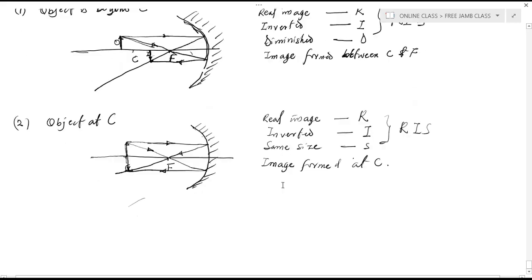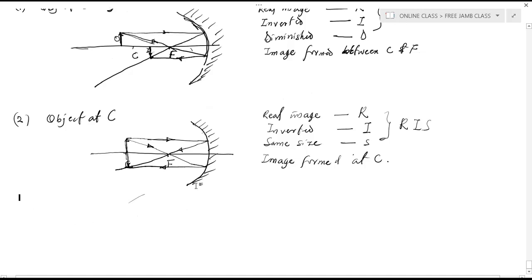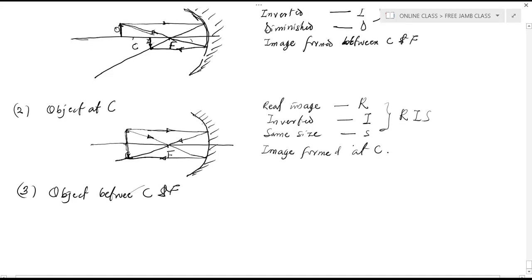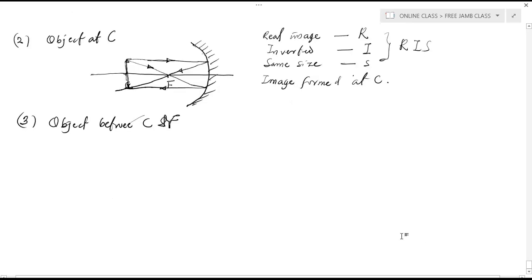The next one, you have less than 8 minutes. Then object between C and F. We have it like this.